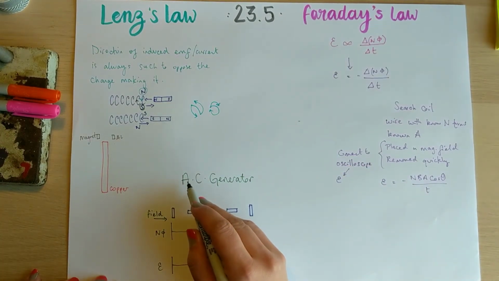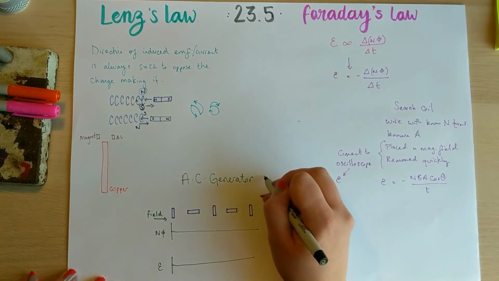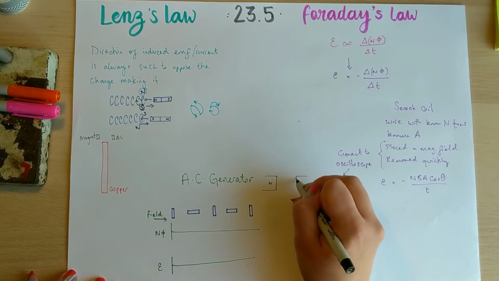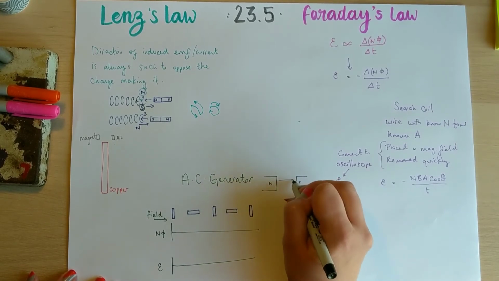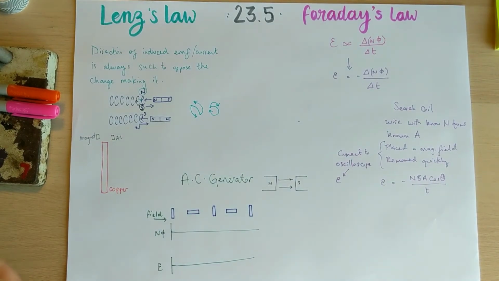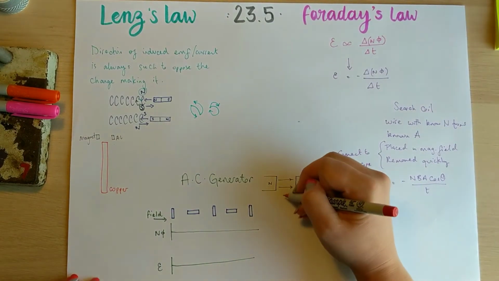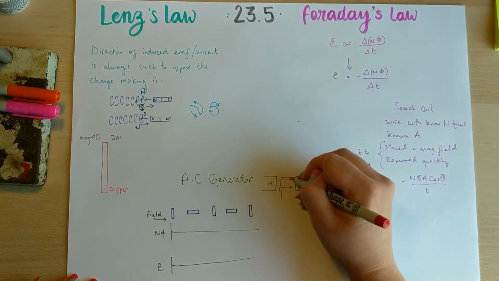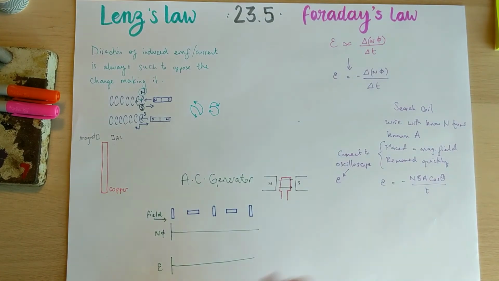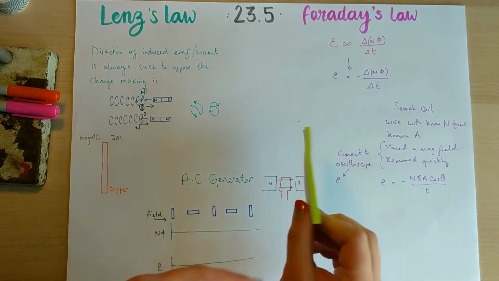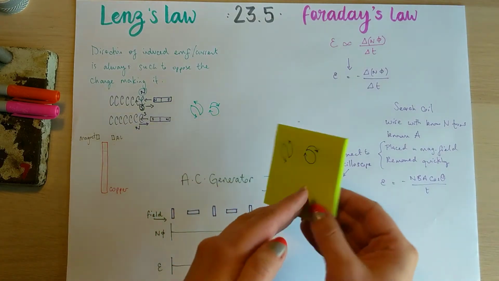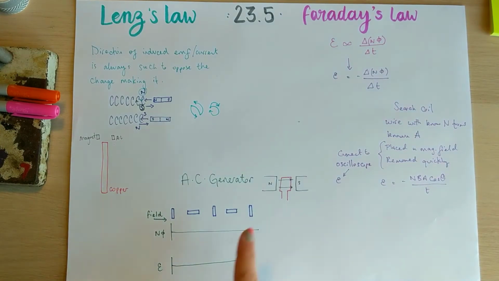So you also need to know about how an AC generator works. Imagine that you've got a magnetic field going from north to south, and then you have a coil of wire that is turning around on an axle in the magnetic field.